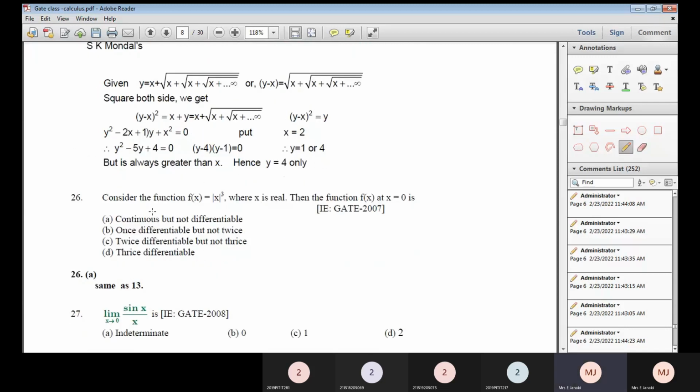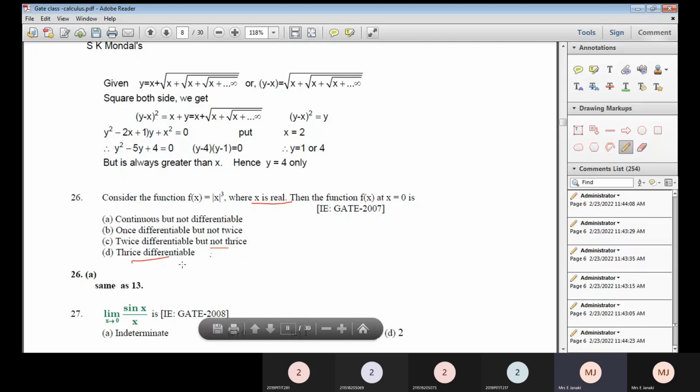Then next, consider the function f of x is equal to modulus of x cube, where x is real. The function f of x at x is equal to 0. So here there are 4 options given: continuous but not differentiable, once differentiable but not twice differentiable, twice differentiable but not thrice, and thrice differentiable.